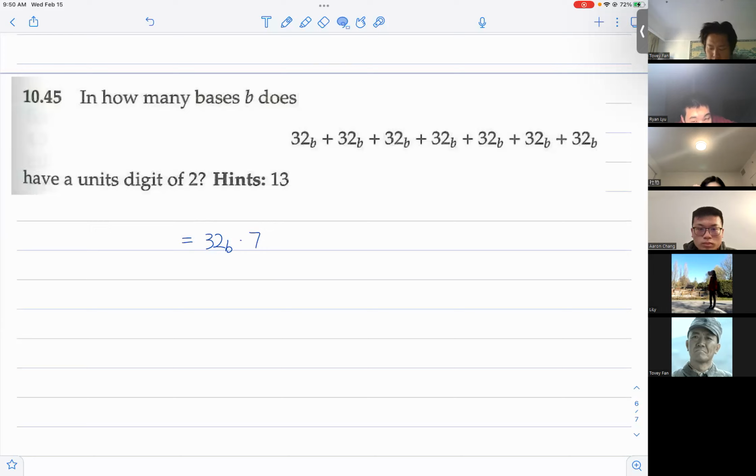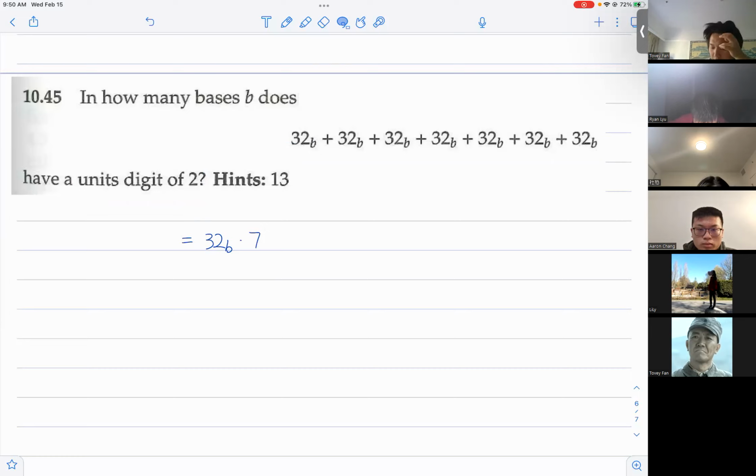Let's just say in base 4, this has a unit digit of 2, and that's one possible base b. Or maybe base 5 works, maybe base 6 works, maybe base 7 works, right? So if base 4, 5, 6 and 7 work, then that means we have 4 possible bases b that will make this sum have a unit digit of 2, right?